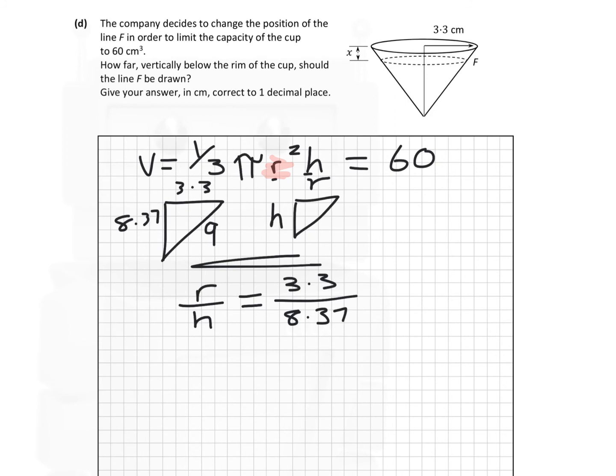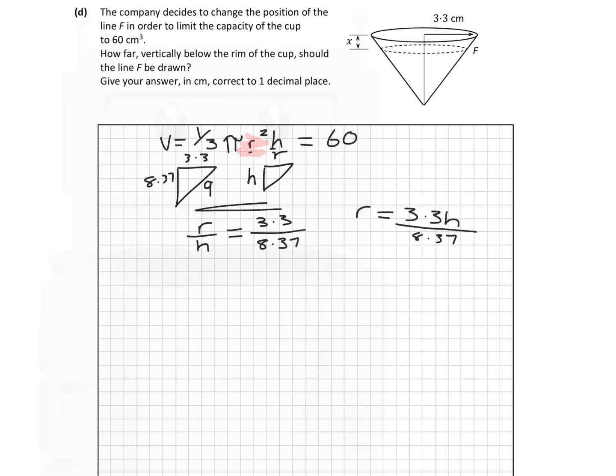So I'm going to put that in terms of h, which gives me r is equal to 3.3h all over 8.37. That's just multiplying both sides by h over 8.37. Now this is going to get a small bit messy, but just stick with me.